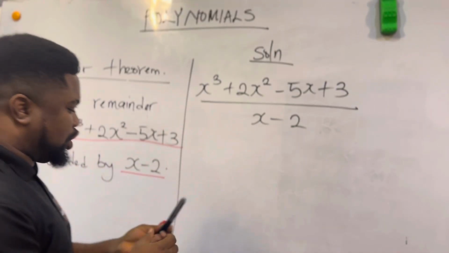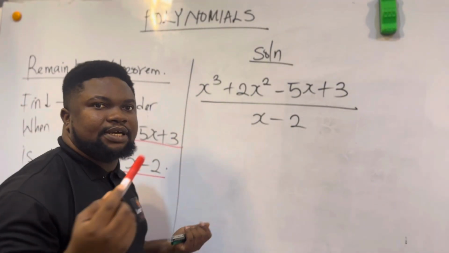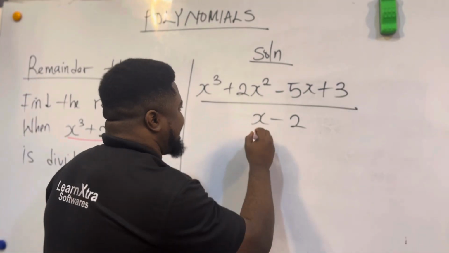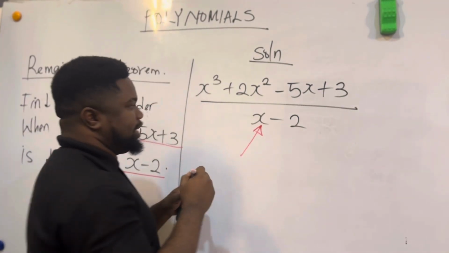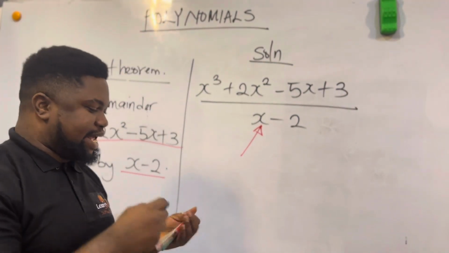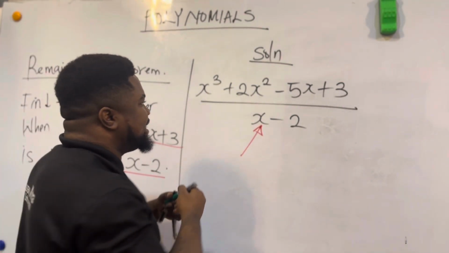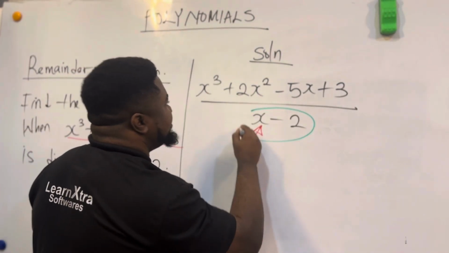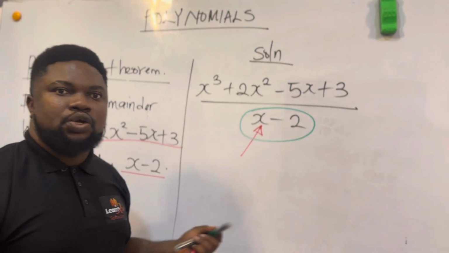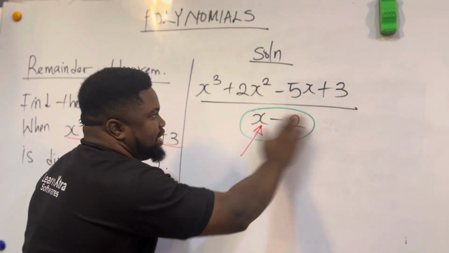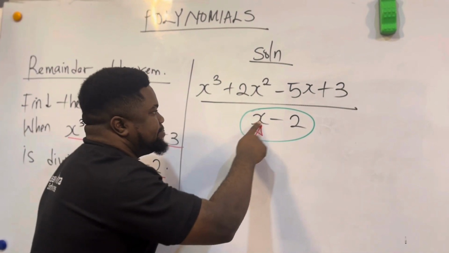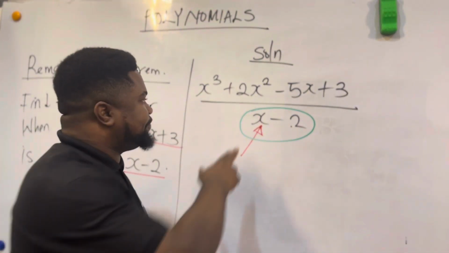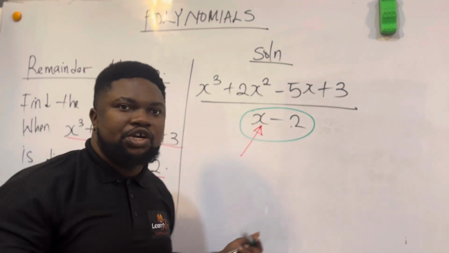It's simple. Just ask yourself, what can you put as x over here to make the entire divisor equal to 0? What can make here 0? Is it 3? 3 minus 2 is not 0. Is it 5? 5 minus 2 is not 0.